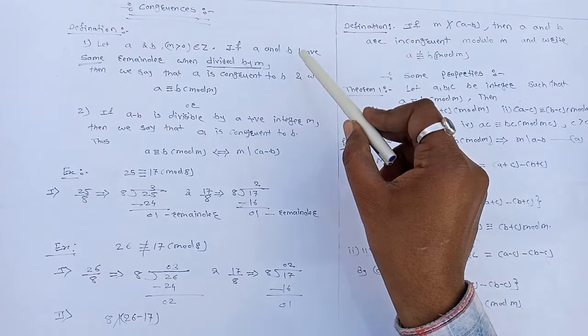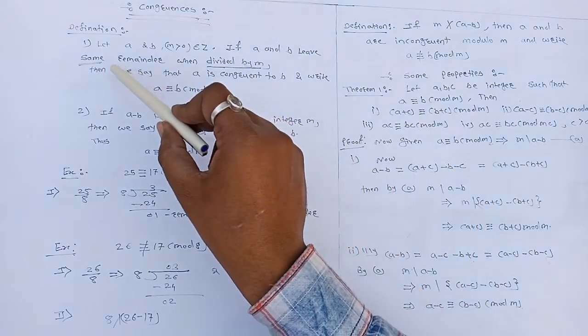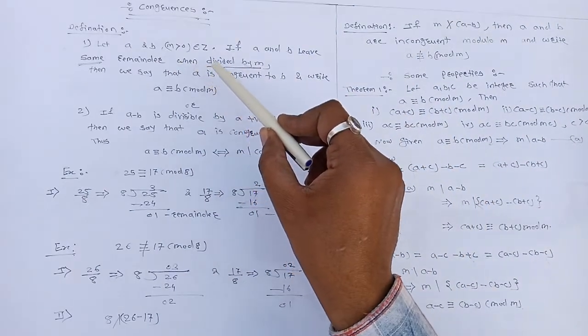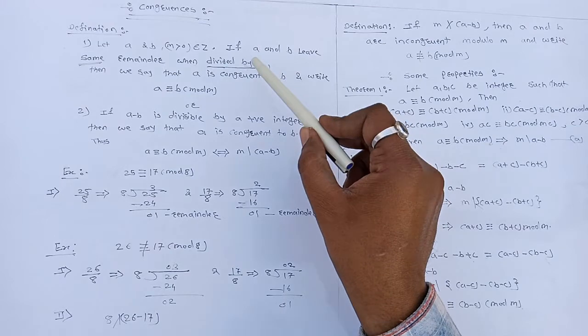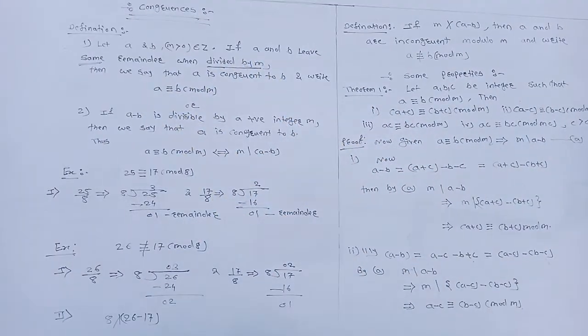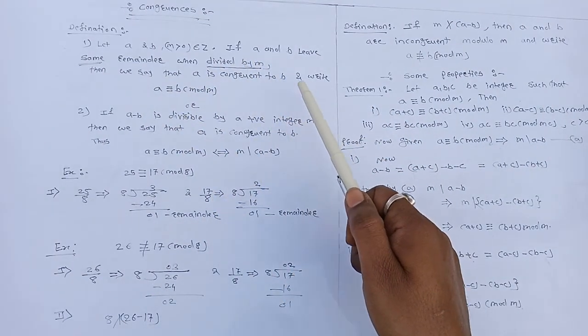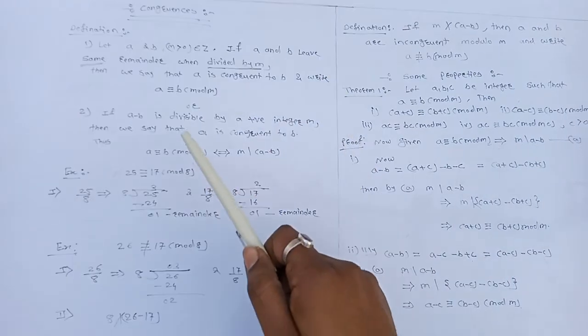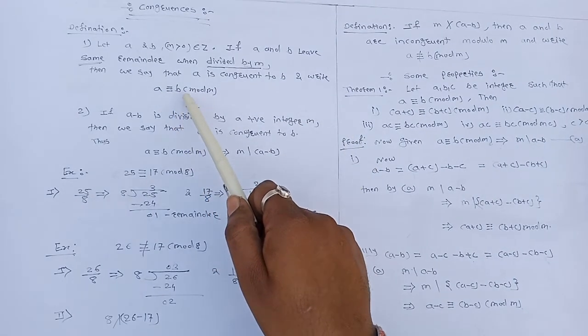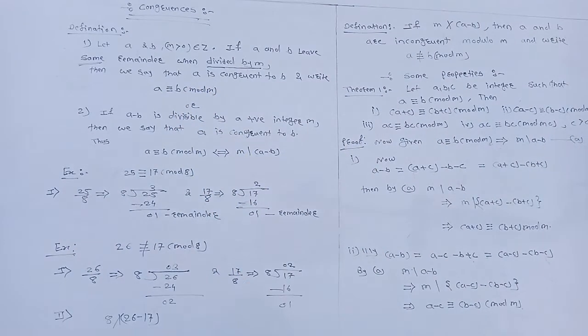If A and B leave the same remainder when divided by M, then we say that A is congruent to B and write it as A congruent to B mod M.